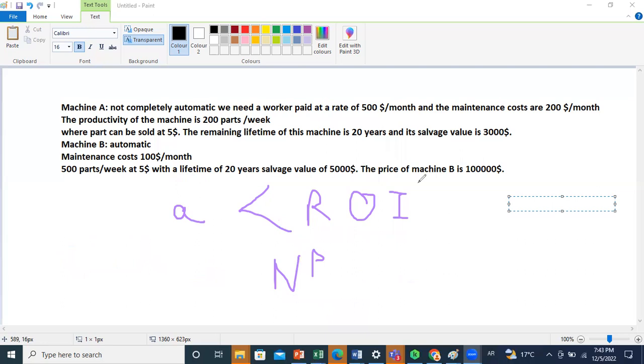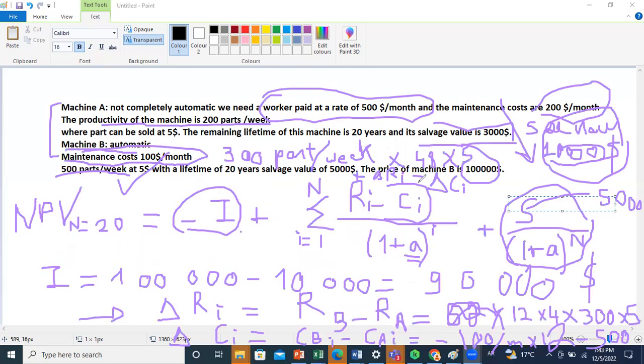If I write again the equation, okay, this is my equation. I just want to modify it now to calculate the payback period. What is the definition of payback period? It's the time needed to have a balance of 0.